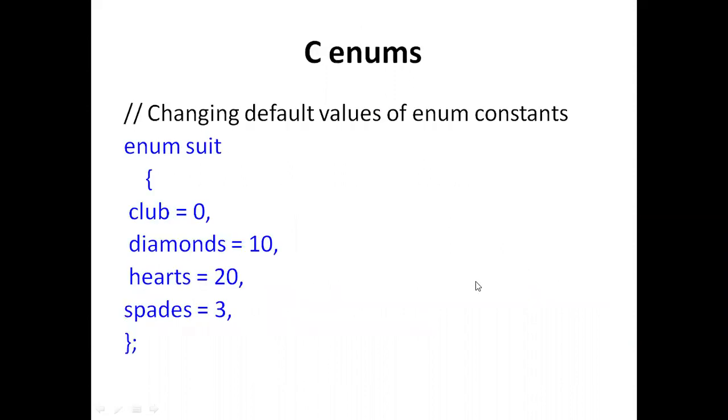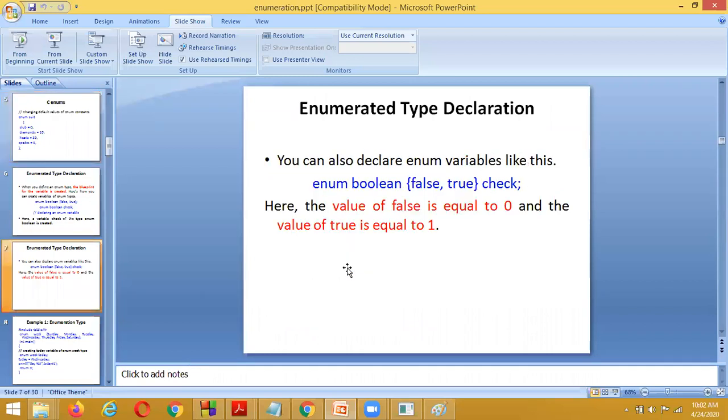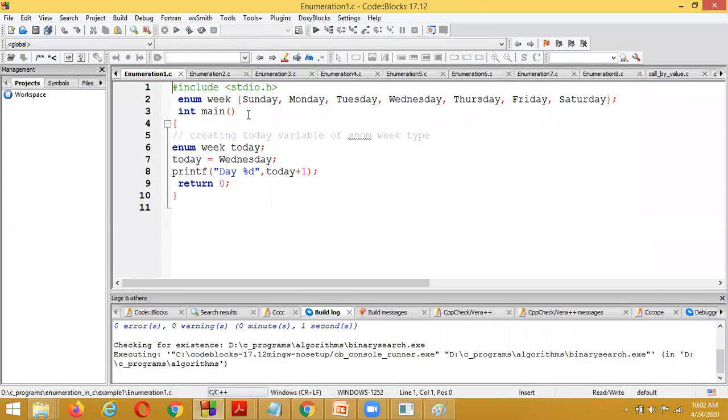If you see one example, you are going to understand clearly. Here I am accessing enumeration 1. The week is containing the values Sunday, Monday, Tuesday, Wednesday, Thursday, Friday, Saturday.